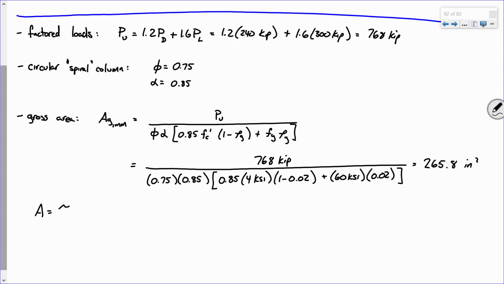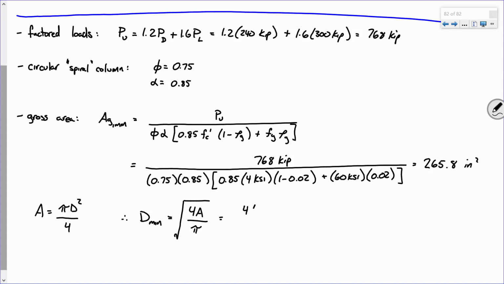The area is pi d squared over 4, right? So therefore, if I wanted to compute the minimum diameter, would it be the square root of 4 times the area divided by pi, right? Take the 4, move it up here, divide by pi, square root, there you get d squared, square root, that gives you d, right? So, everybody okay with that?